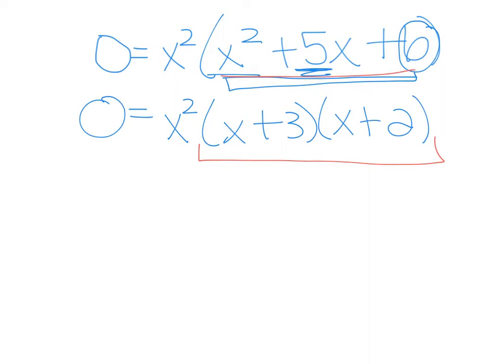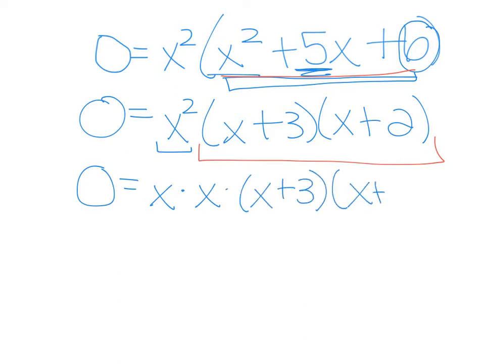So what we have right here is a polynomial in factored form, and in fact I could break up the x squared as x times x, and then I have times x plus 3 times x plus 2.